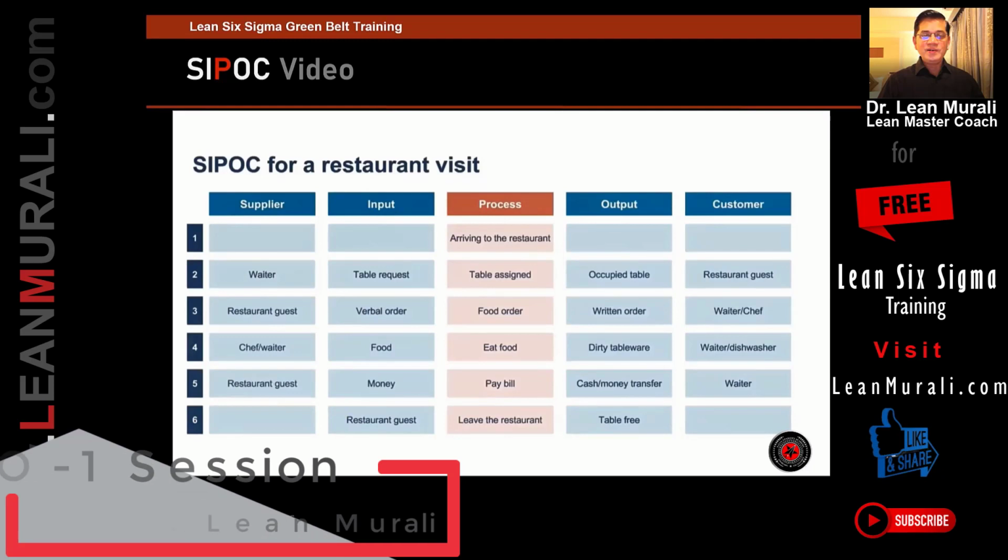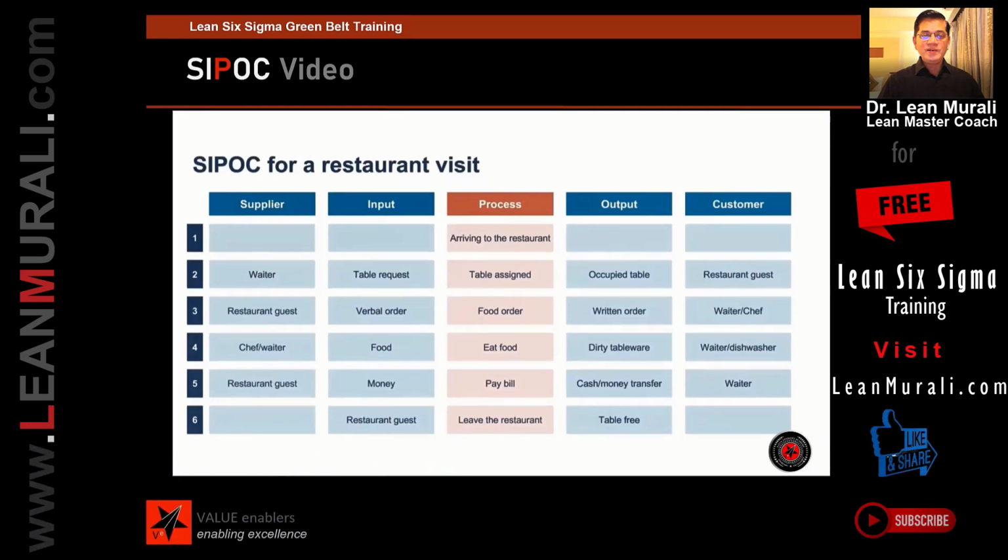And then the next step was get assigned to a table. Here the supplier is the waiter, the input is the table request, the process is the table assigned, the output is an occupied table, and the customer is the restaurant guest, because they are the ones receiving the table. They get to sit at the table.